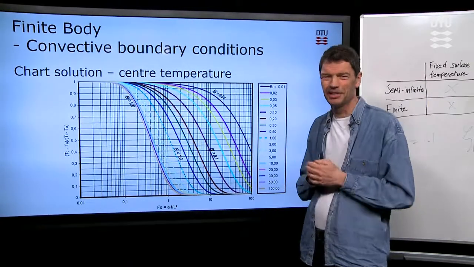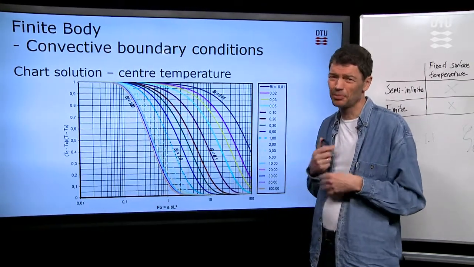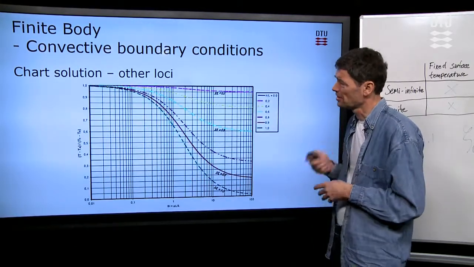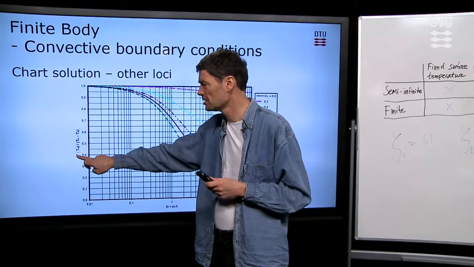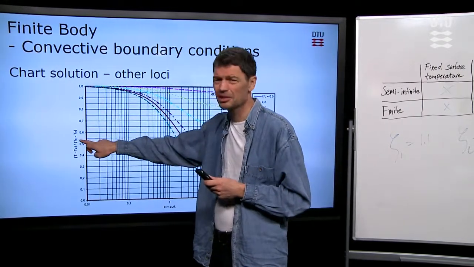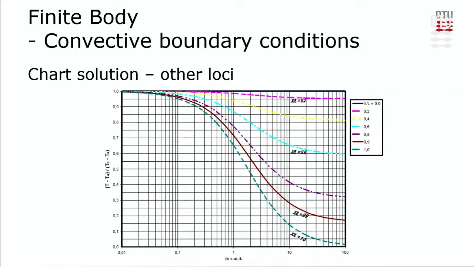Well, you might be interested to know the temperature in other points than in the center. And then there's another chart that will tell you the relationship between that temperature at another location compared to the center temperature and the ambient temperature. Again, a relative number between 0 and 1.